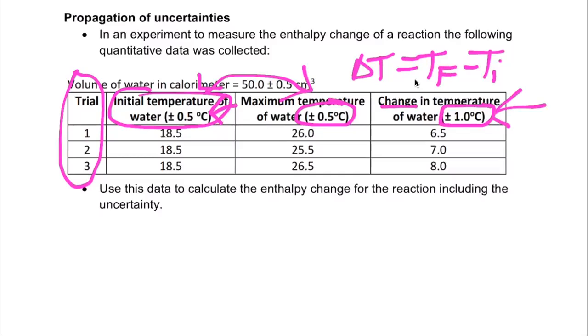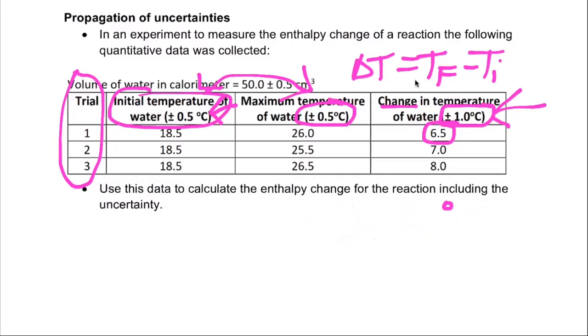So what they did is they did 26 minus 18.5. That gave them 6.5, but really it's 6.5 plus or minus 1.0 degrees C. So that means it could be as low as 5.5, or it could be as high as 7.5. That's the range based on the uncertainty of our instruments.